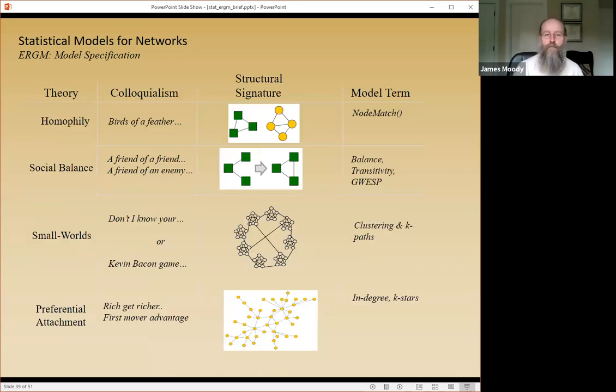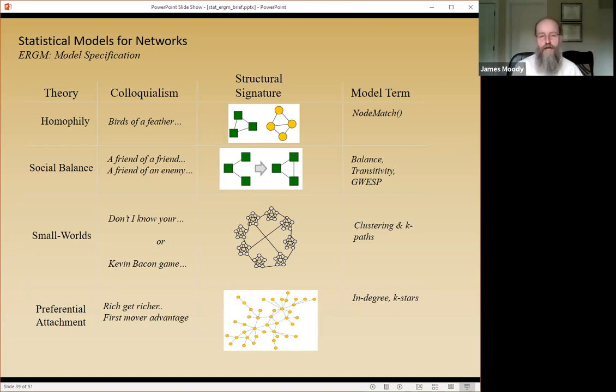The kinds of models you can fit are intuitively those things I showed before in the first set of slides. Homophily parameters are dyadic features, the birds-of-a-feather kind of questions, and the term we use for that in ERGM modeling is node match. Social balance is something like a friend of a friend is a friend. If you and I are friends and you are friends with someone else, then I'm likely to be friends with them.